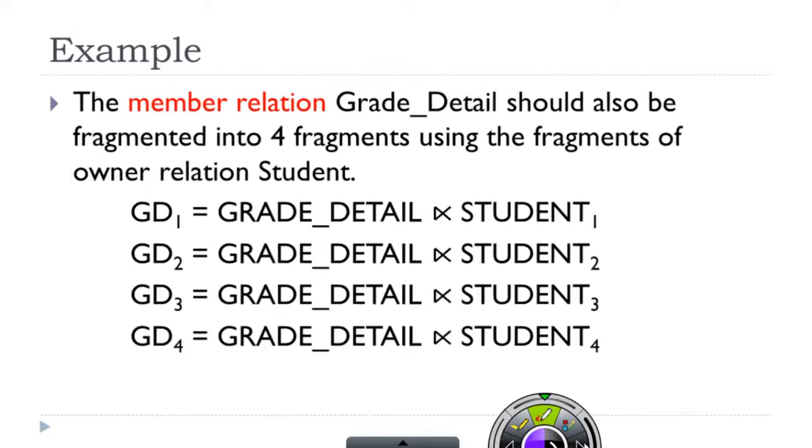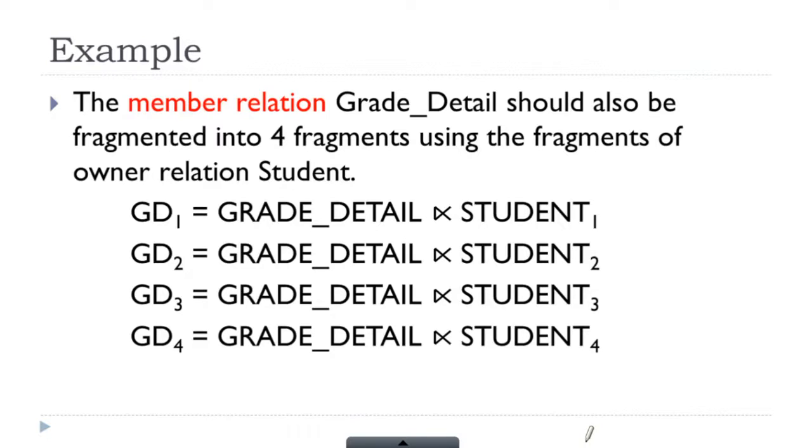Now if I am going to join this table, the member relation grade detail should also be fragmented into 4 fragments only, because the primary key table, student, is already fragmented into 4 fragments.